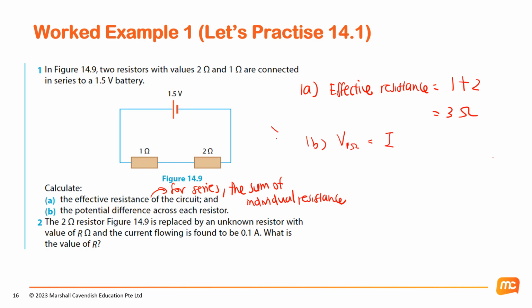So I know that is equivalent to the current times the resistance of the 1 ohm. So what will be my I value? Will I be able to find it? How can I find my I?